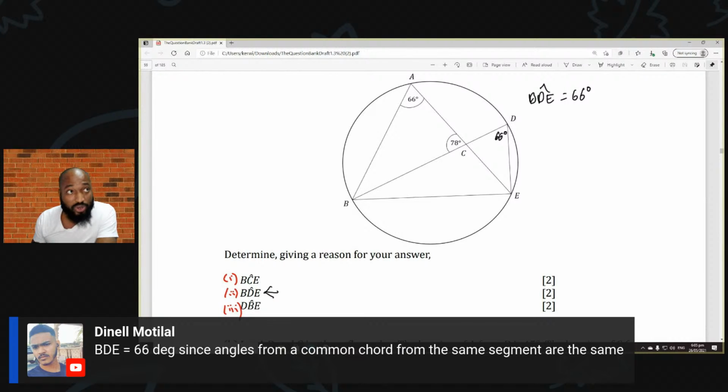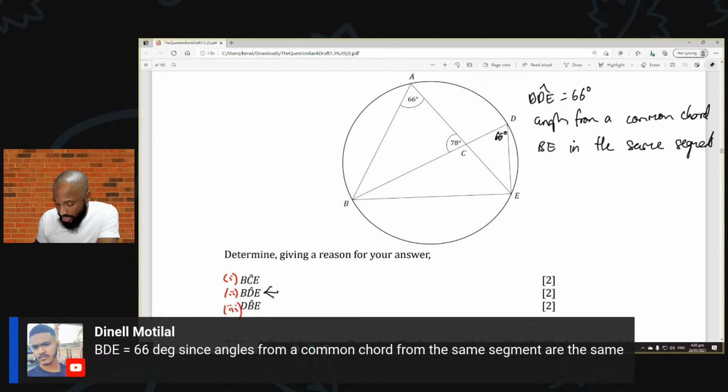The only thing I would do with Denel's working is say angles from a common chord, and you would name the chord BE, in the same segment are equal. So you would say that BAE is equal to BDE.